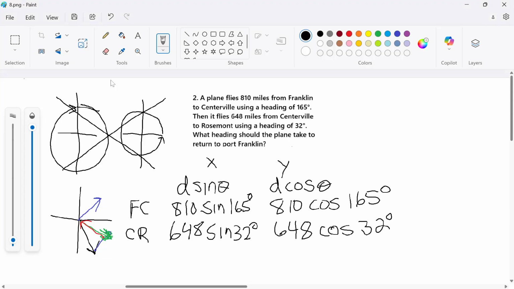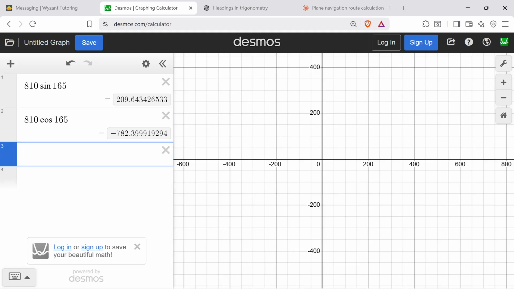So it looks something like this. I'm just doing 500, 1,000, so it's very roughly 209 and -782. So that's the original trip. That's way estimated. And then the next one is 648 sine 32 degrees.